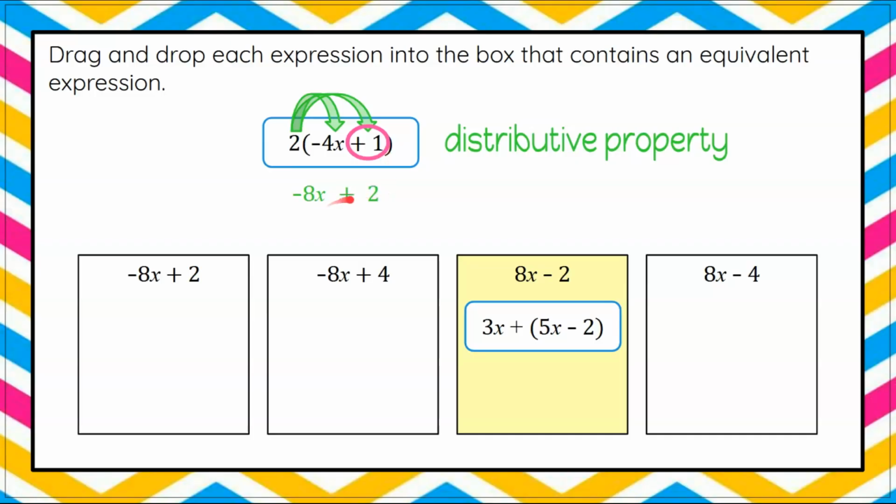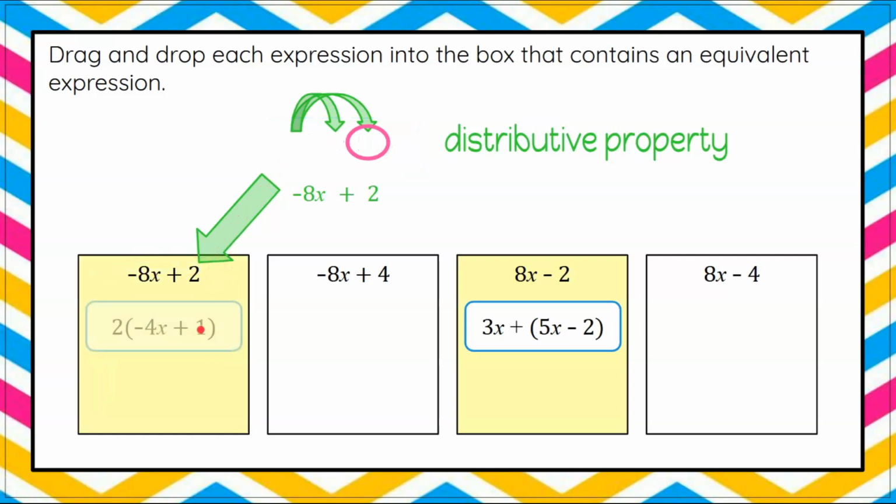So negative 8x add 2 is the same expression but in simplest form, and I can see that that matches this answer choice. So we're going to drag and drop that expression in. So these are equivalent expressions in simplest form here.